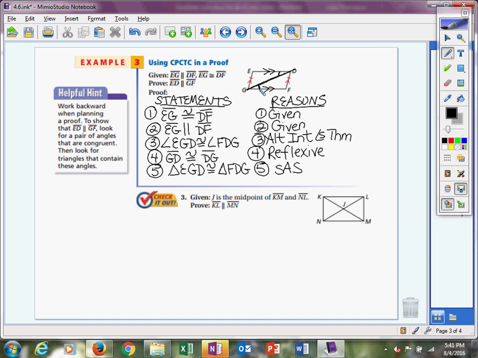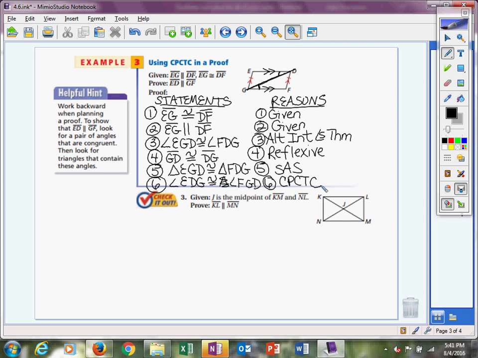Now, how can we prove that EDG and FGD are congruent? Well, because we've already proven that the two triangles are congruent, we can use cupcake. So angle EDG is congruent to, I'm sorry, angle FGD because of CPCTC.